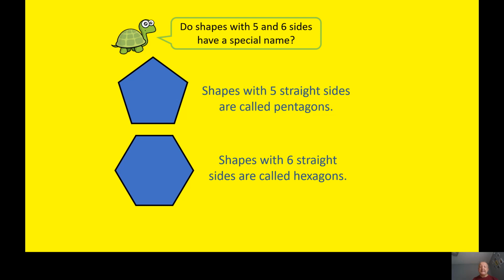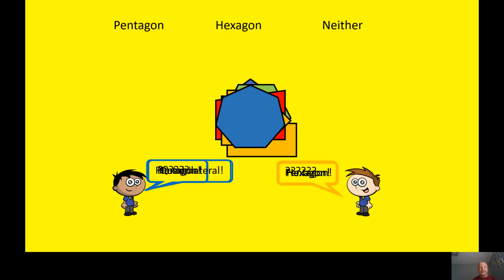Of course, it is a hexagon. Okay, now try and put these shapes in the right place. Where would you put that one? Well, it's got 5 sides. Must be a pentagon. What about this one? 1, 2, 3, 4, 5, 6. Of course, it's a hexagon.